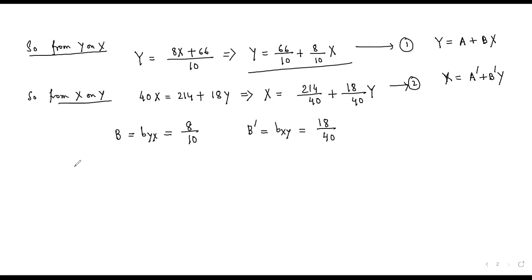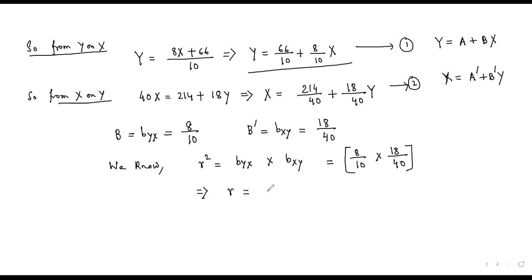And we know from the property that we discussed in our previous class that the correlation coefficient squared is actually the product of the two regression coefficients. So we can multiply these regression coefficients together, and then take the square root of that, which will be plus minus the square root of 8 into 18 by 10 into 40.